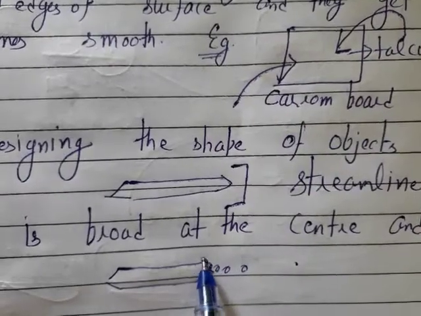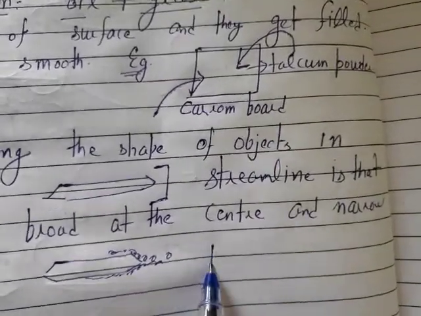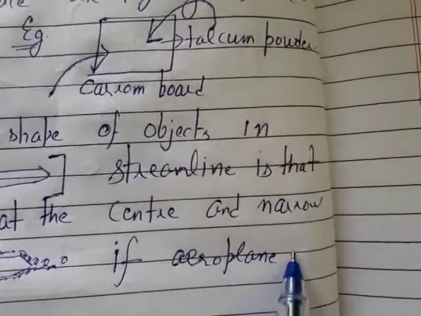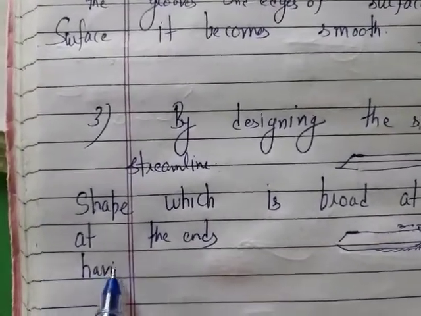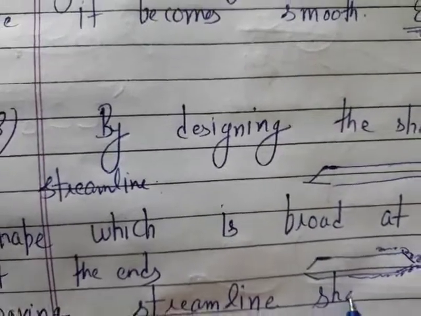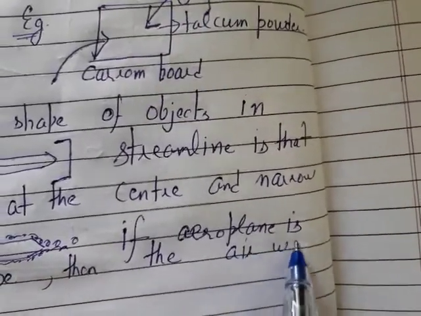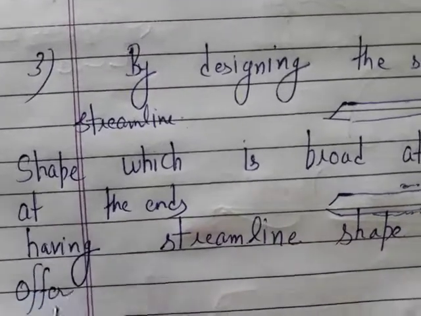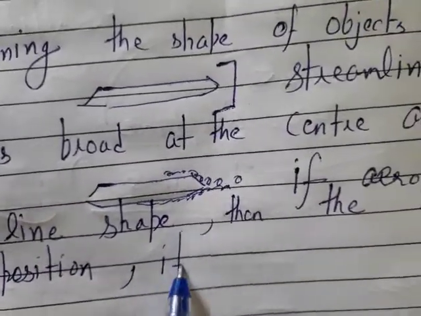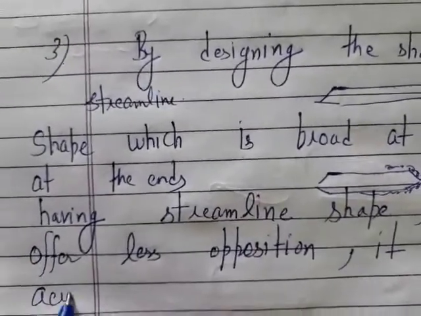Air molecules will travel from here to here easily. Birds also have a streamline shape like the aeroplane. If the aeroplane has a streamline shape, then the air will offer less opposition, and it would be easy for the aeroplane to fly in air.